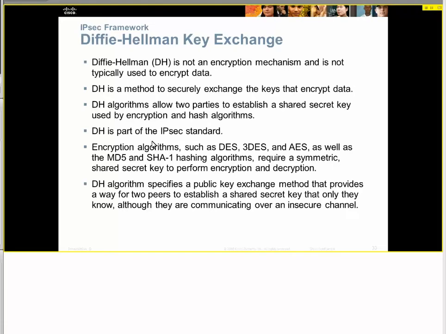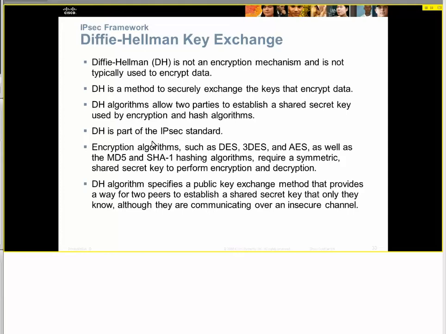Now, the explanation's a lot easier than the implementation. Trust me on that one. But is it a fairly decent concept? Do you get the idea that we are going to use this thing called the Diffie-Hellman exchange so that we can create a shared key on both ends? The shared key is what's going to do the encryption and the decryption, and it's going to take care of our data integrity and our authentication.